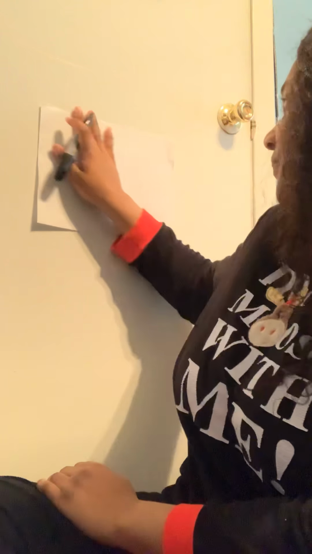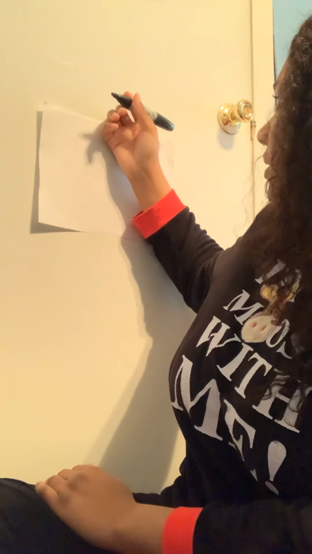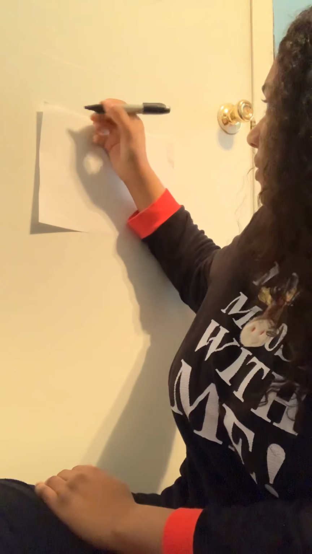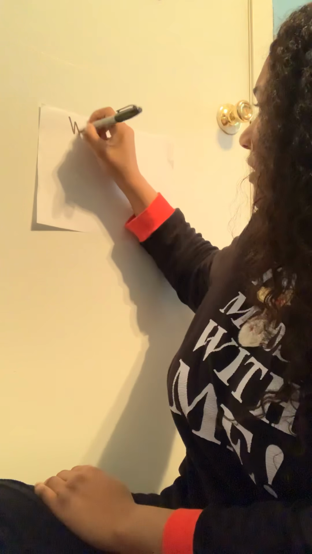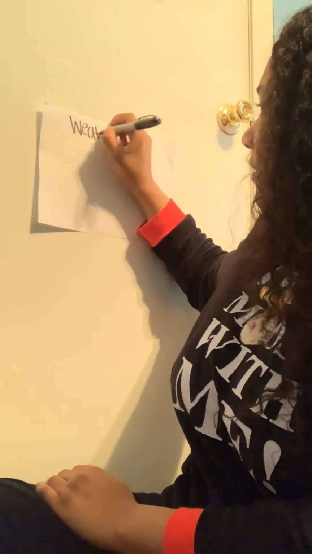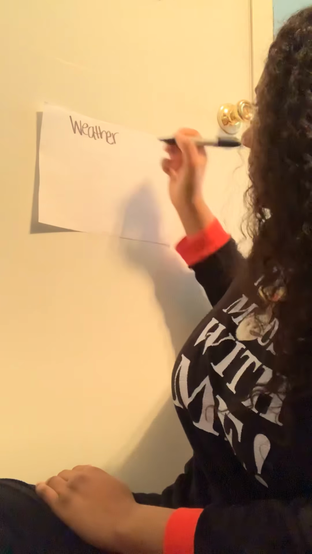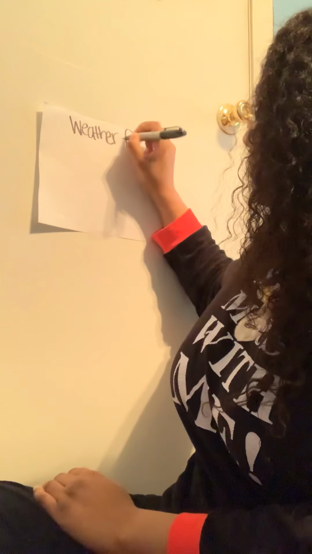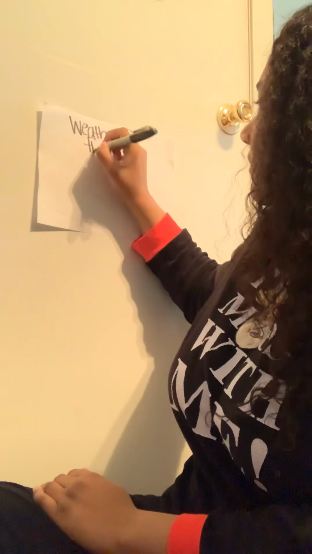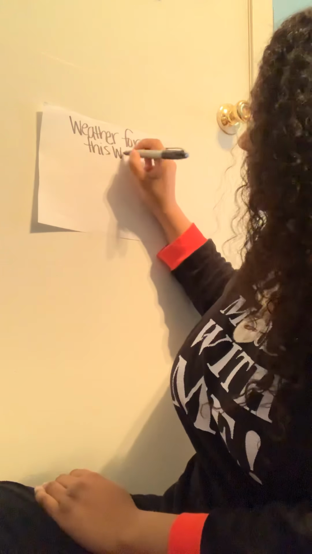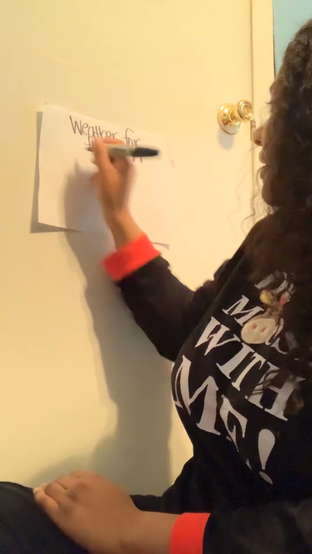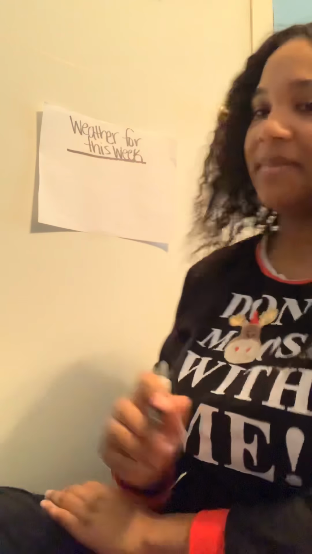For this, we're just going to say weather for this week. We're just going to keep it basic. Weather for this week. I'm going to underline it. That's going to be my title.